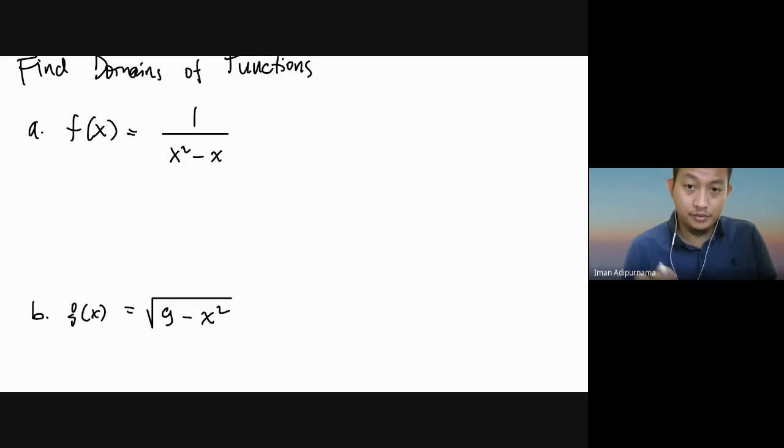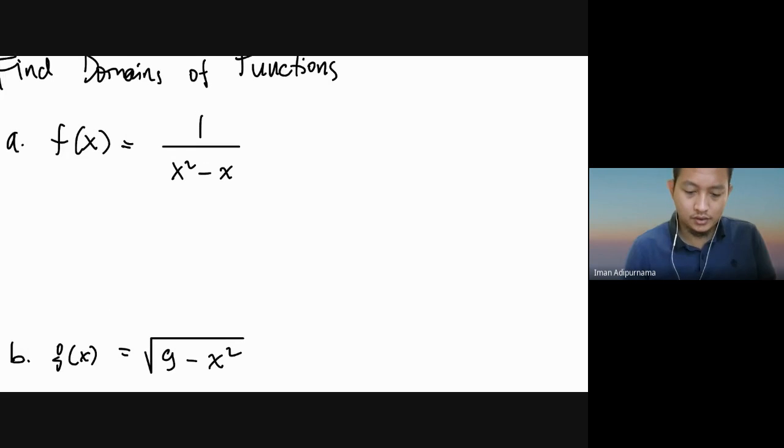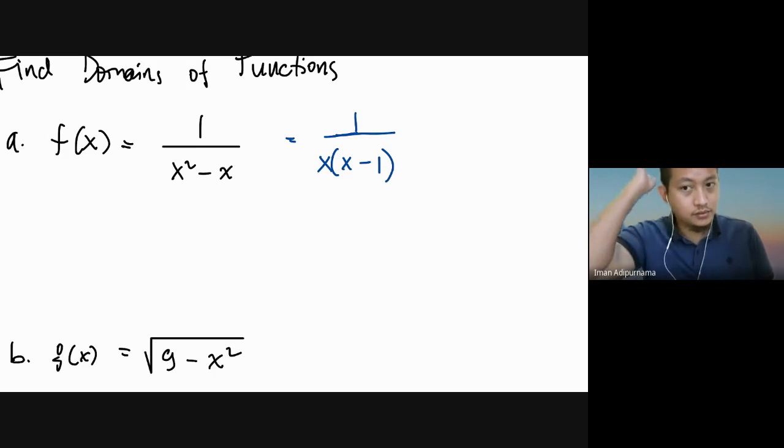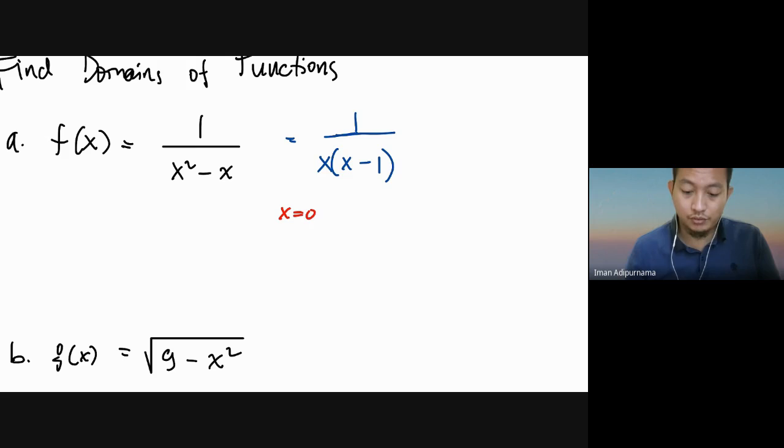Okay, let me give you an example for A. You can factorize the x, and then you can write this, right? The same thing. Now, from here, you can see that if we put x equals 0, it will be undefined, right? Or x equals 1, it's also undefined.